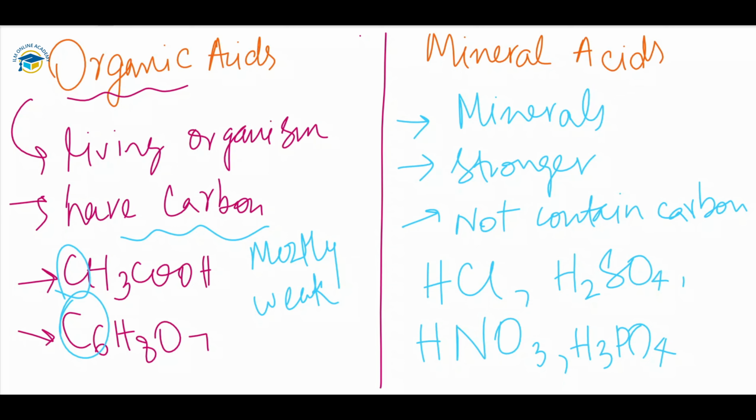So the key differences between these two is that organic acids contain carbon and mineral acids do not. Organic acids are derived from living organisms, whereas mineral acids are derived from minerals. Mineral acids are generally stronger and more corrosive than the organic acids, which are weaker acids. Organic acids are often used in food and pharmaceuticals because of their weak nature.